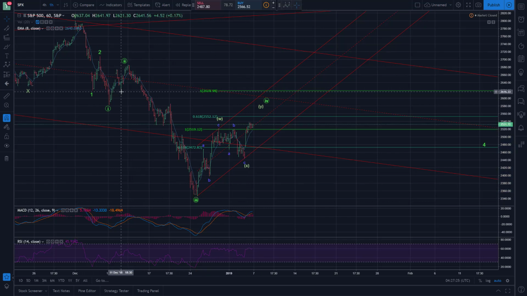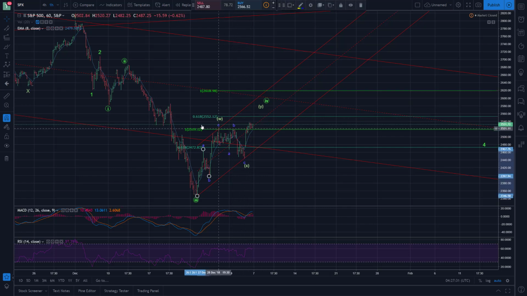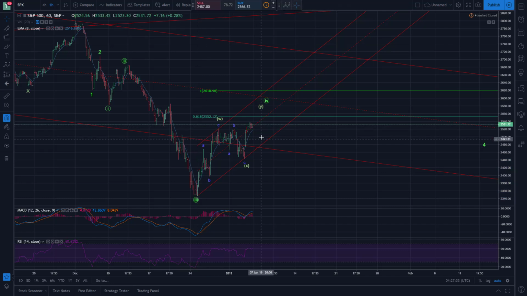But so, a couple areas to look for. We have the 618 relationship, the equality relationship. I'll just get rid of the initial relationships there for the small degree A and C. And then we just have these areas of former support now looking to become resistance.